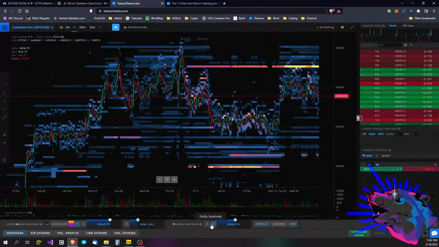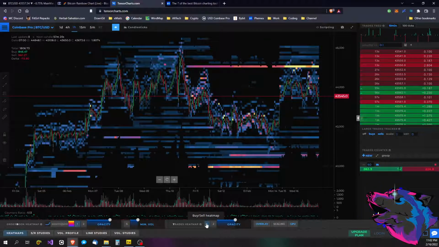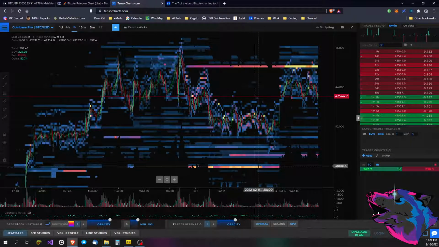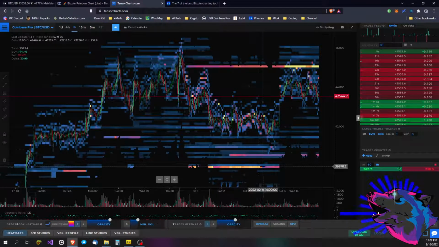But you got buy sell heat map, delta heat map. If you don't know, delta means like change. But if we switch over to the buy sell, it's not terribly different. But you can see where these colors are brighter is where you are getting more orders on the books.